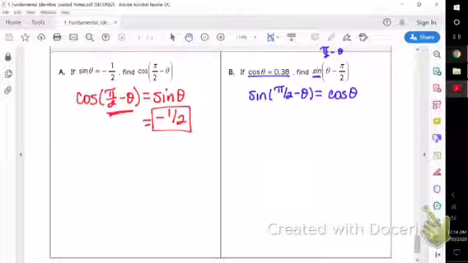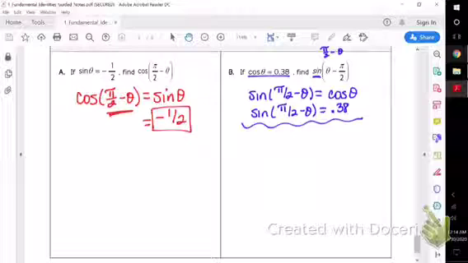But we don't quite have that. But if we did, we would know that sine of pi over 2 minus theta would equal, well, cosine is 0.38, isn't it? Alright, but I need those signs on what was given in the problem to change. And so that's dealing with our even and our odds.